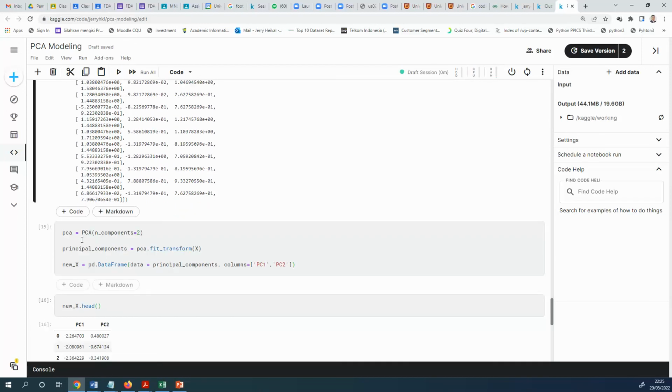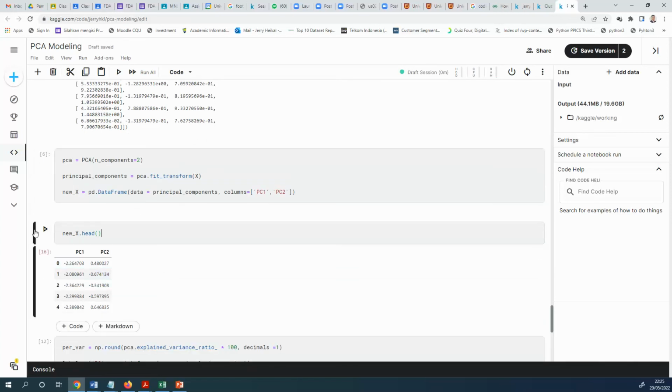And then let's call PCA, using pca equal to PCA with the bracket n_components equal to 2. The principal components is pca.fit_transform the X. The new X equals data frame of the principal components, and the column names will be PC1 and PC2.